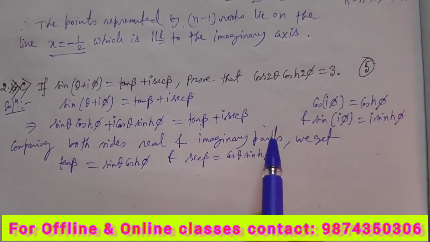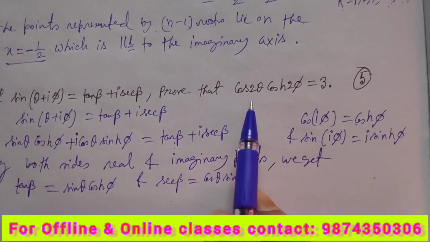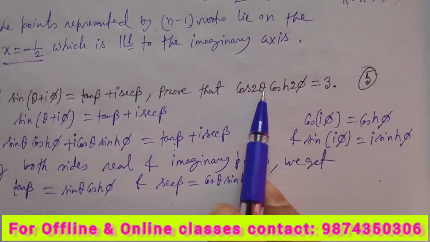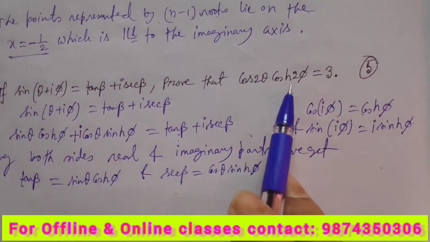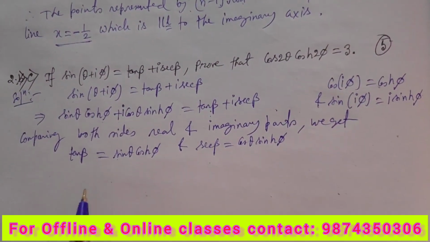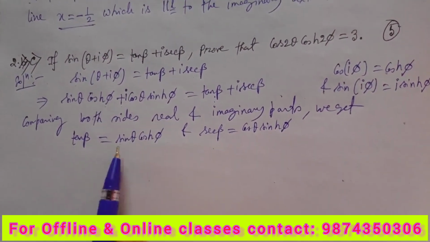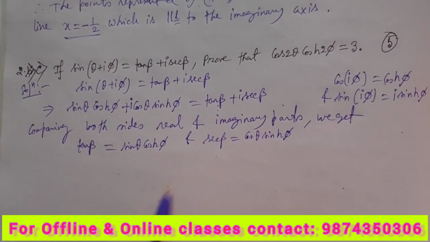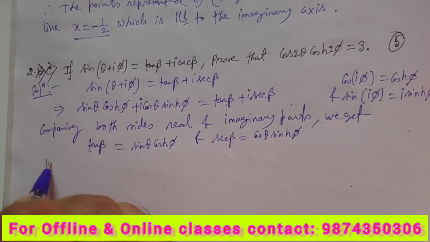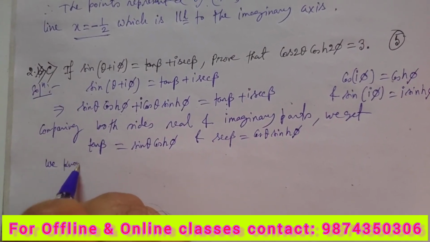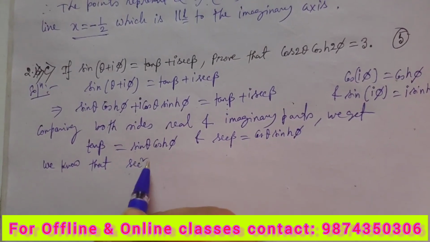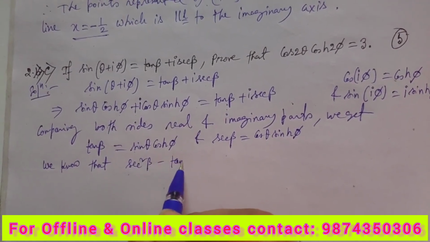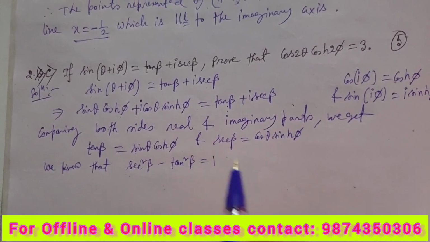Now observe that the proof is a relation between theta and phi, so this is independent of beta. So we want to eliminate beta from these two. We know that sec square beta minus tan square beta is equal to 1.